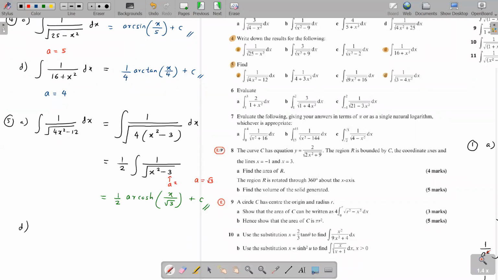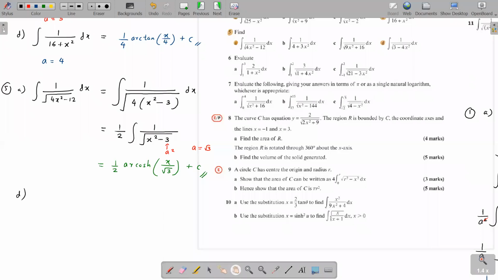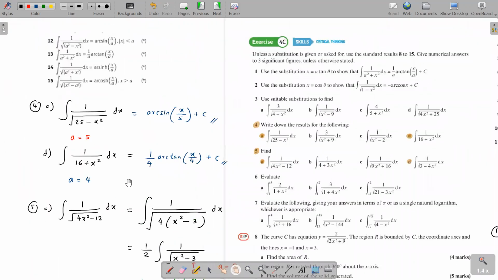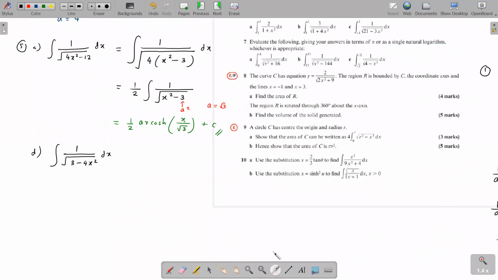Start part D. Integration of 1 over root 3 minus 4x square. Do we have a rule with a square minus x square? Yes, there is a rule with a square minus x square. So basically what I'll need here is only the x square.